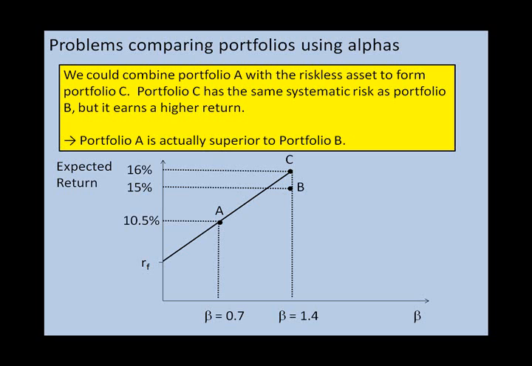Well, we know Portfolio A has a beta equal to 0.7. Portfolio B has a beta equal to 1.4.